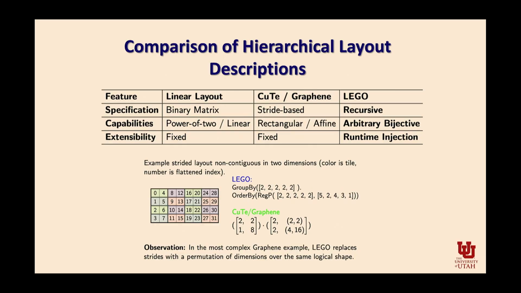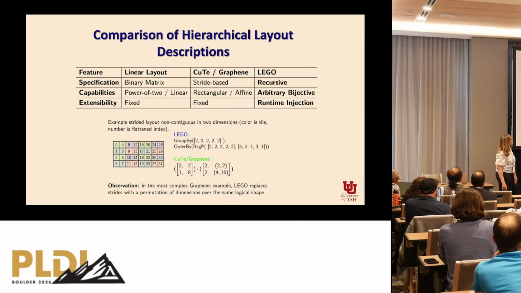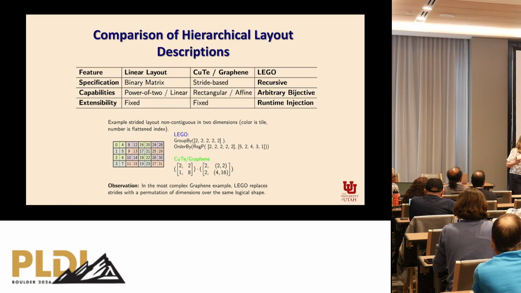There are other restrictions on linear layout: linear expressions, sizes of power of 2. Qt and Graphene are strided rectangular regions. In Lego, we have a space for user-defined functions, so you can express any kind of arbitrary bijective mapping. And that can be done at runtime. That can then be resolved at runtime.